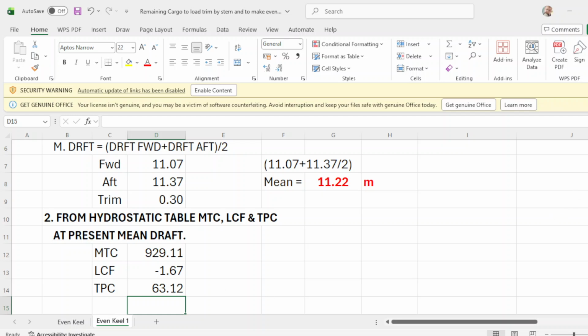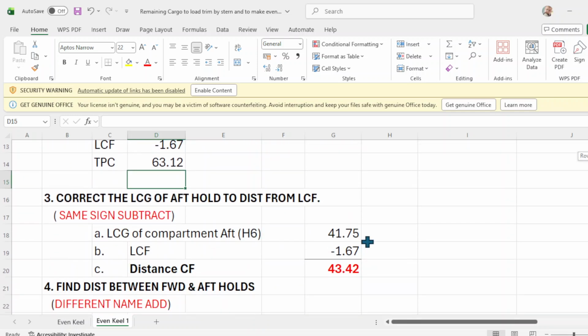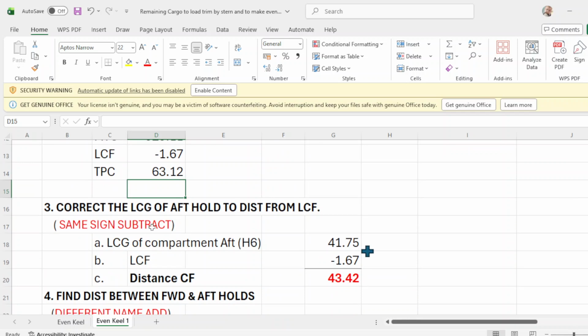Now we scroll down to number 3. Correct the LCG of uphold to distance from LCF. So your uphold is hold number 6 with the LCG of 4175, and your LCF is negative 1.67, and says here same sign, subtract.